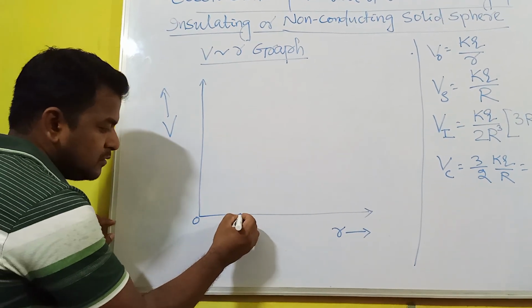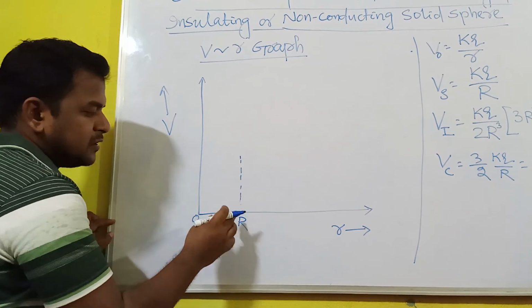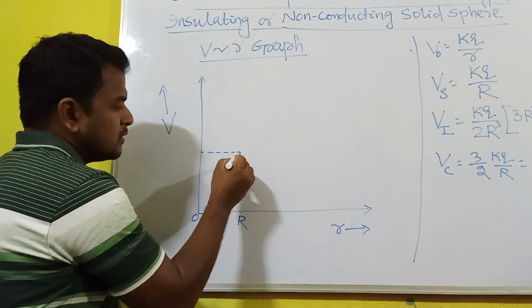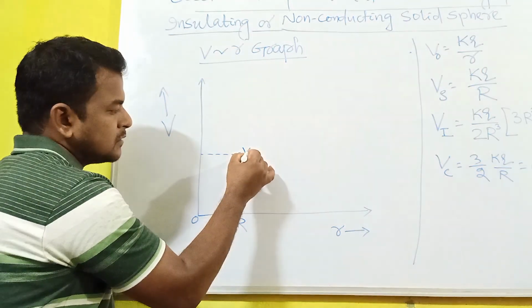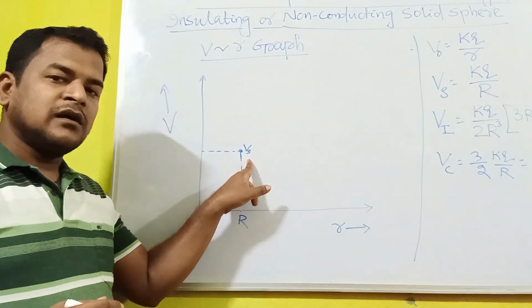Now on the surface of the sphere, the value is Vs. Vs is the potential on the surface.